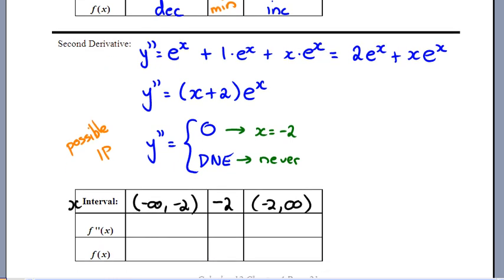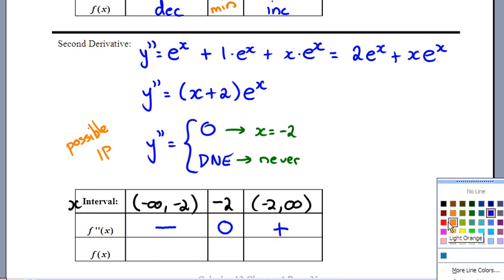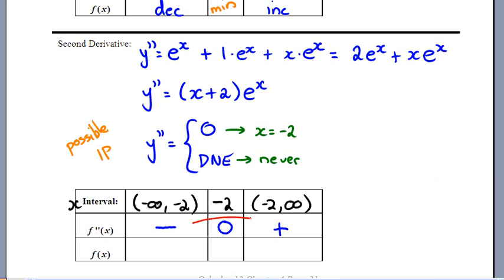So you try out a number like maybe -3 into this second derivative just to see whether it's positive or negative. And you find that the second derivative is negative on the first interval, positive on the next. And of course it was 0 here. Since you can see this second derivative switching from one sign to another, I know I've got an inflection point happening.